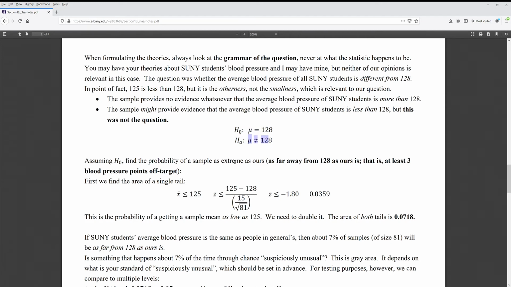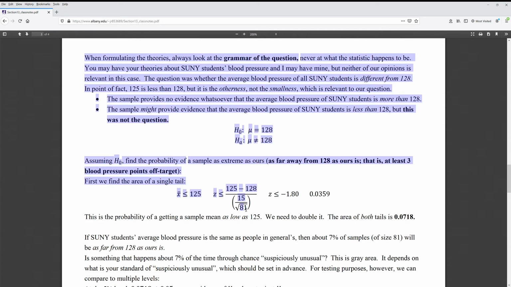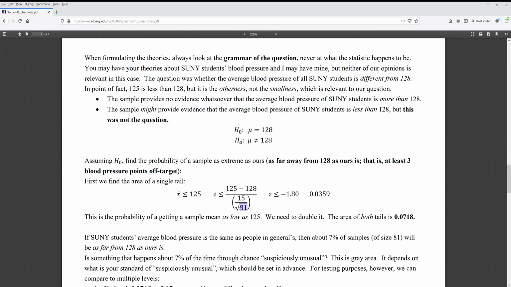Well, we know that X bar varies from sample to sample, but it's centered at mu, and it has standard deviation sigma over the square root of n. That's not in doubt. Sigma over the square root of n. We always assume H0 for the purpose of running the numbers.